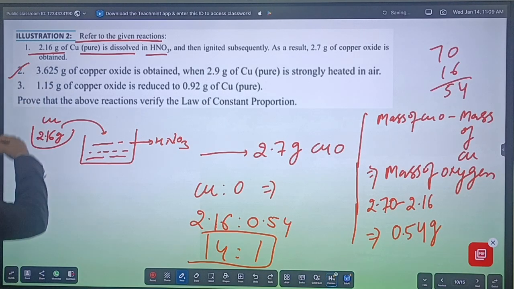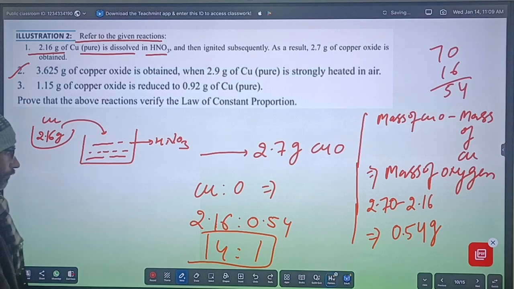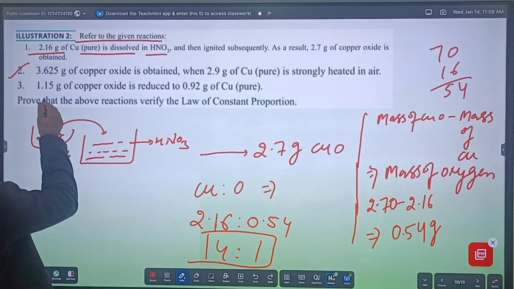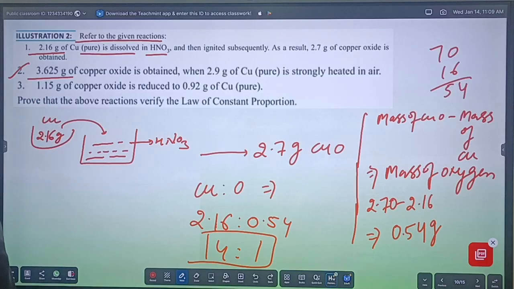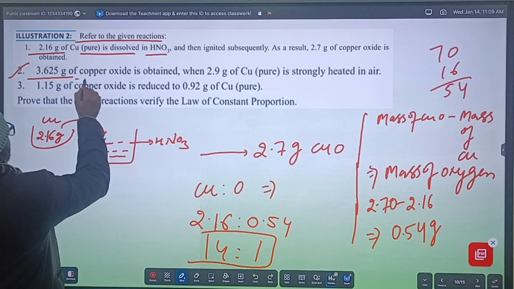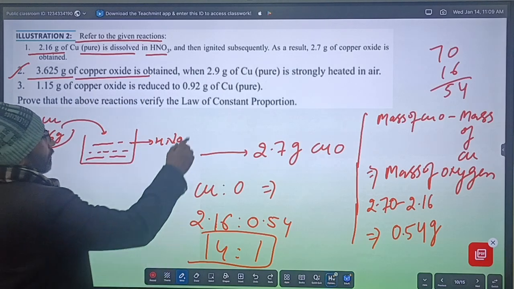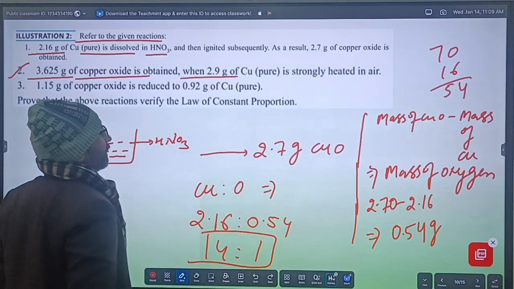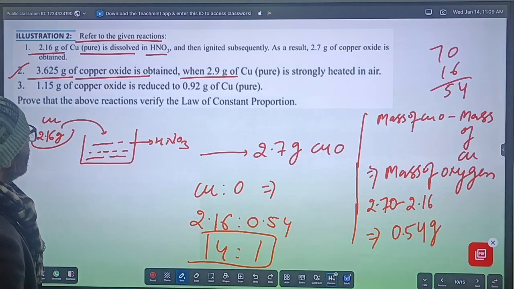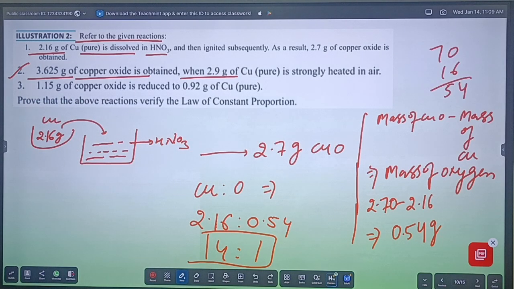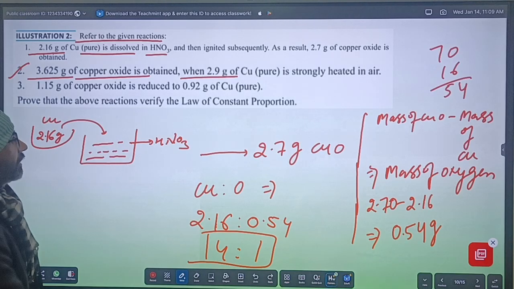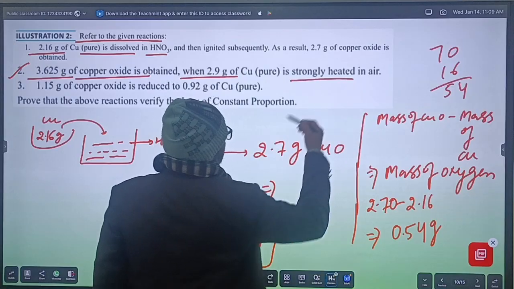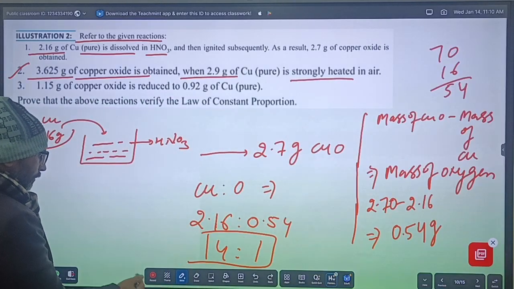Now we will discuss the second experiment. 3.625 gram of the copper oxide is obtained when 2.9 gram of the copper is strongly heated in air. 2.9 gram of the copper is heated in air, means there is a chemical change, heating of the copper.